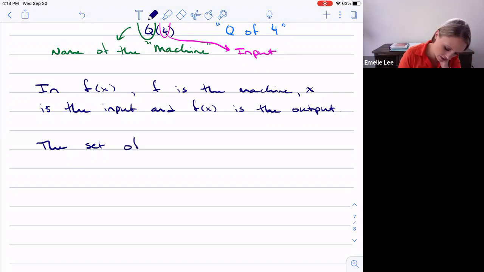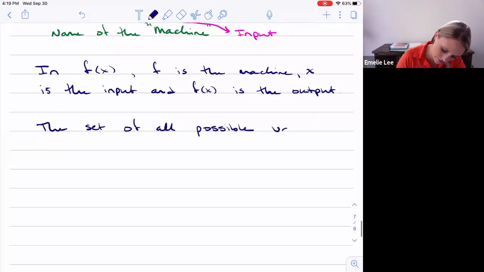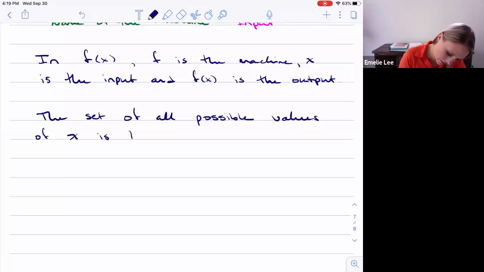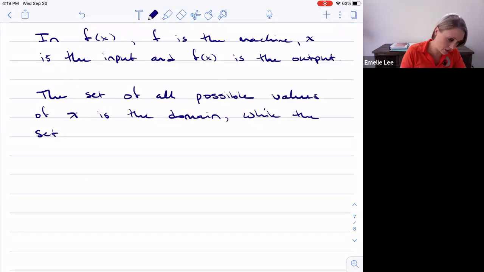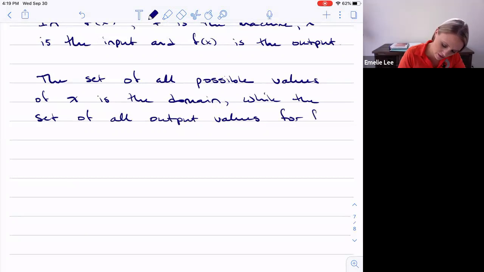So the set of all possible values of x is the domain, while the set of all output values for f of x is called the range.